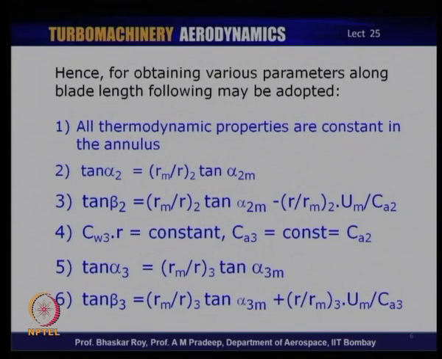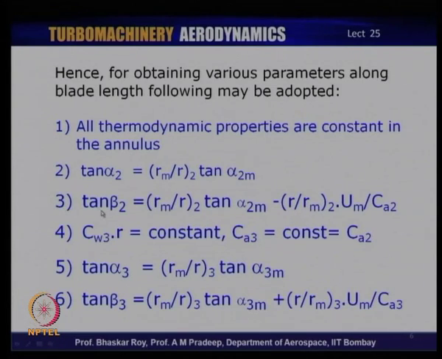Then, with the help of all those things, it is comparatively easy now to find out that the entry flow angle to the rotor, tan alpha 2, at any radius can now be related to the one at the mean radius or the reference radius, simply by invoking the radius ratio. So, everything gets into the radius ratio in the free vortex design.